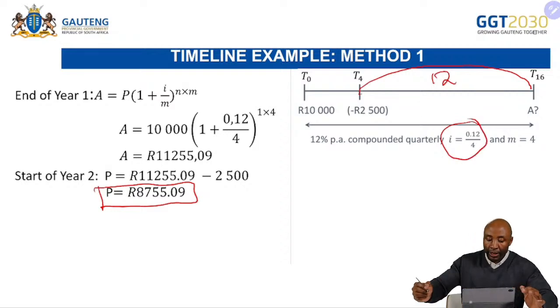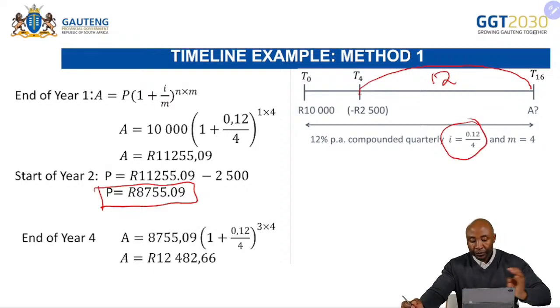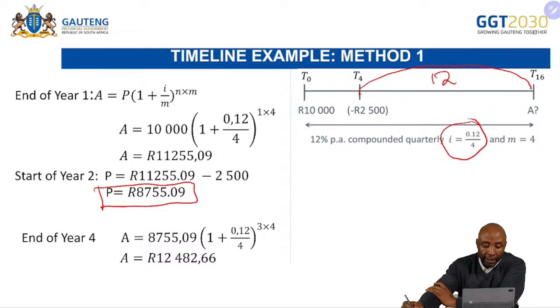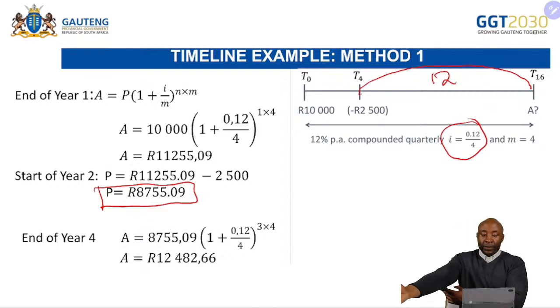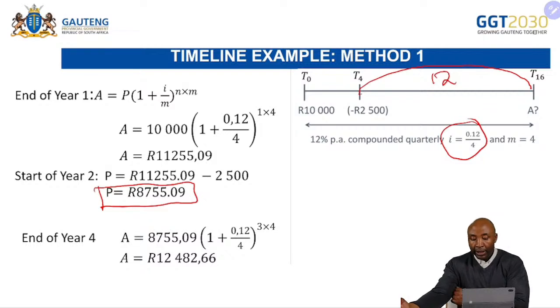And we are able to get our answer as at the end of year 4, we'll invest this for 3 years and we substitute into the formula and get 12,482.66. This is the amount that will be in the account at the end of the 4th year, including the withdrawals that were done. We move on now to the alternative method of answering this question.